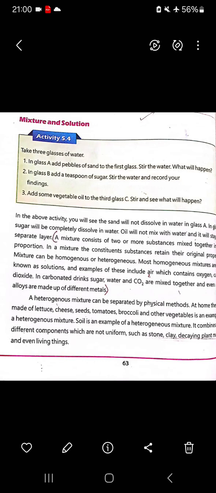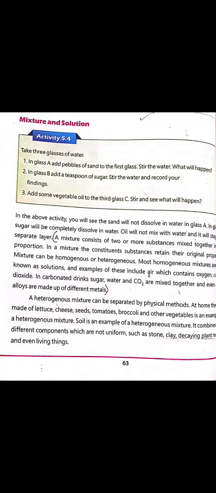Now, today's topic is mixture and solution. First of all, what is a mixture? When two or more substances are mixed together in any proportion, a mixture is formed.